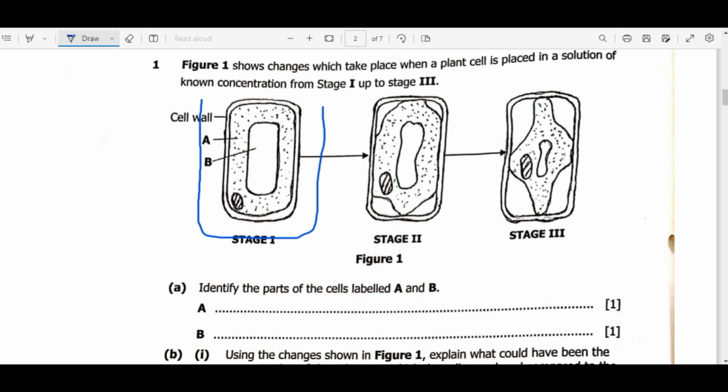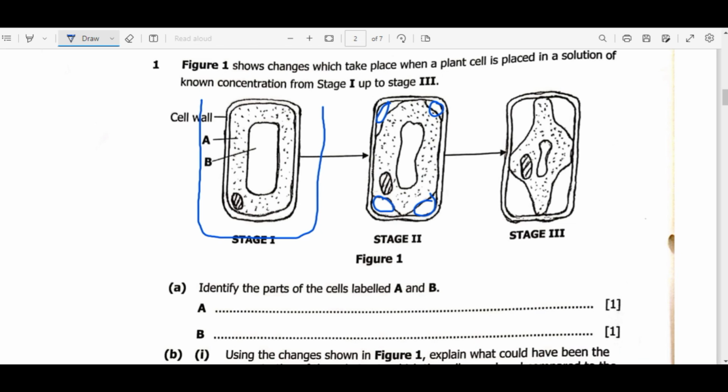Then if we look at stage 2, we can see some changes. And these changes are there because of the loss of water from the plant cell into a solution. Then stage 3 is about the worsening loss of water. So we can see that the plant cell has lost too much water.